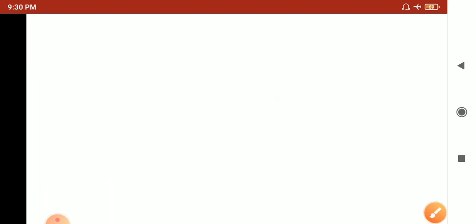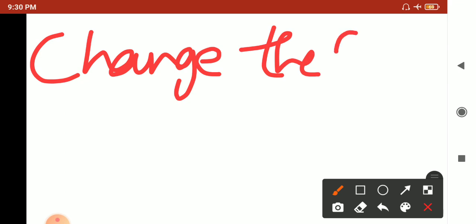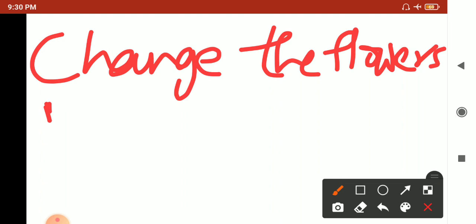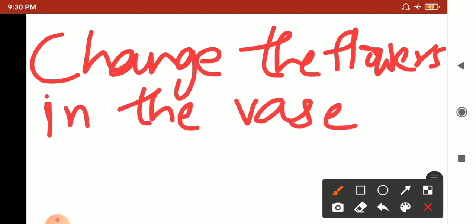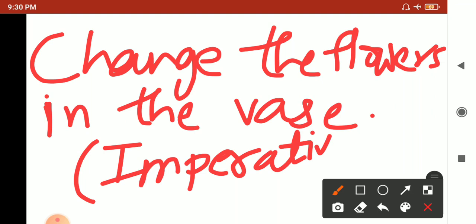Another example. Change the flowers in the vase. Now, this is an imperative sentence. Imperative आज्ञार्थक. This is an imperative sentence and the function of the sentence is to give an order. An order has been given to the listener.